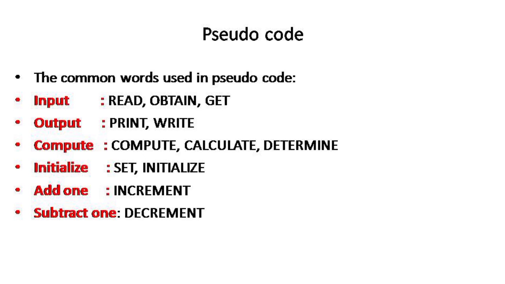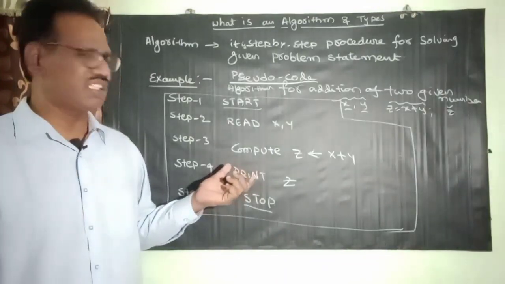For output operations, we can use print, write. For compute operations, calculation operations, compute, calculate, determine. If you want to initialize some values, set, initialize, and add one, that is an increment, subtract one, decrement. I have shown these things on the screen.